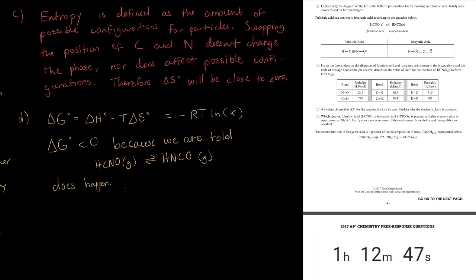That means it must be at least somewhat thermodynamically favorable. Okay, therefore, when we write this out, we have that negative RT ln of K is going to be less than 0. That's what this implies.